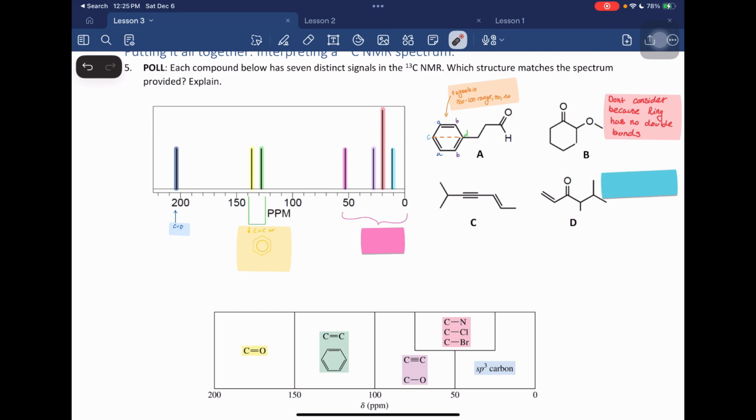Let's take a look at why D is correct. First, let's start off with the carbon double oxygen bond. We do have that right there. Next is the 2 carbon double bonds or a benzene ring. Okay, so we have a carbon double bond right here.